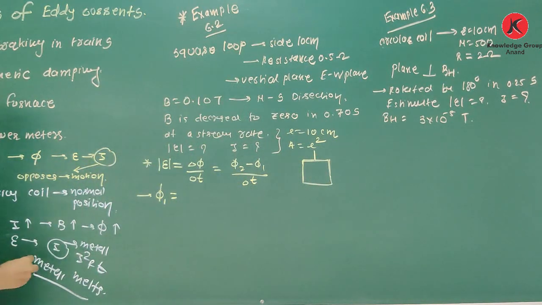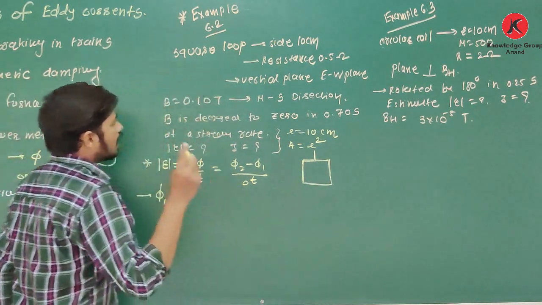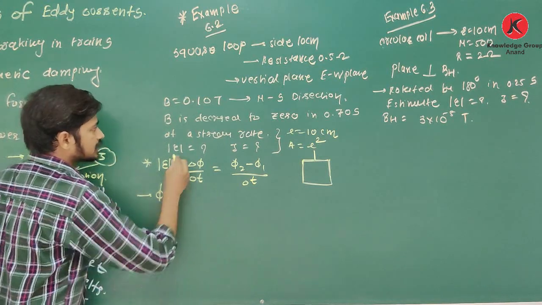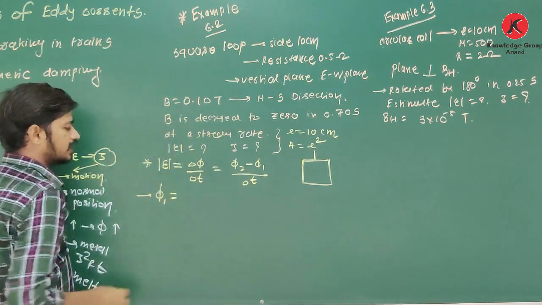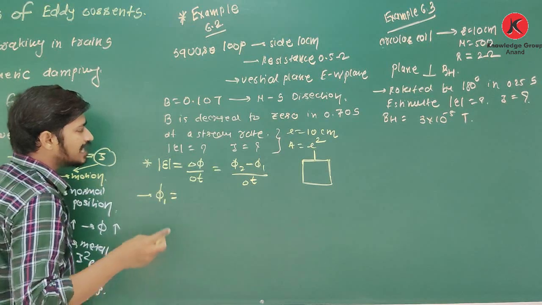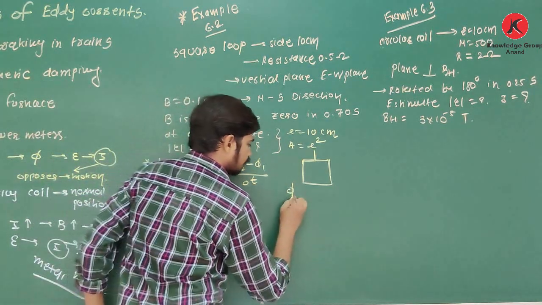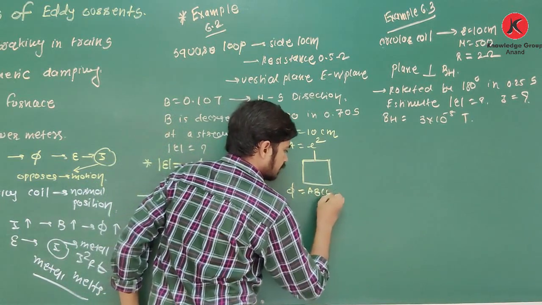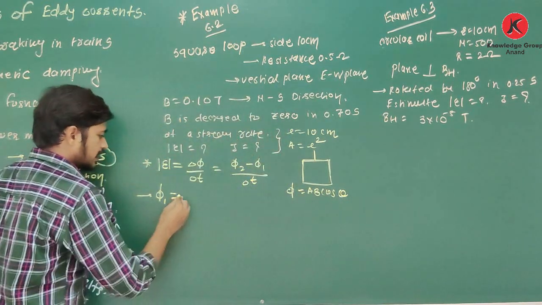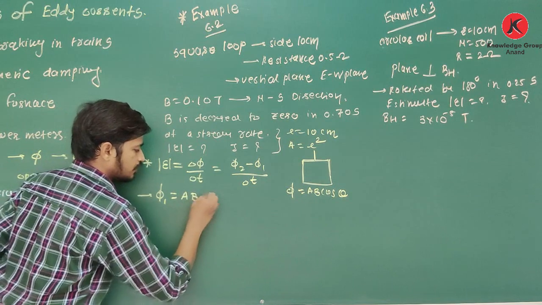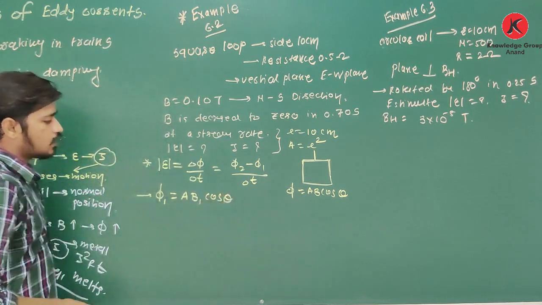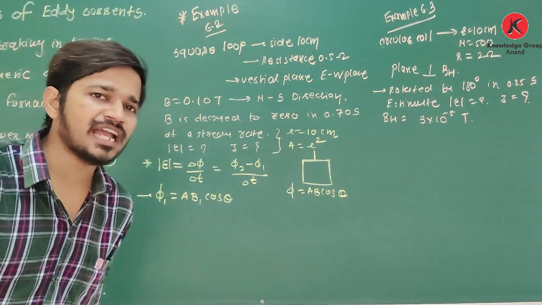The magnetic field is 0.1 Tesla. What is the equation of flux? The equation of flux is phi is equal to AB cos theta. So here it is A B1 cos theta. What is theta? That is the angle between the area vector and the magnetic field.